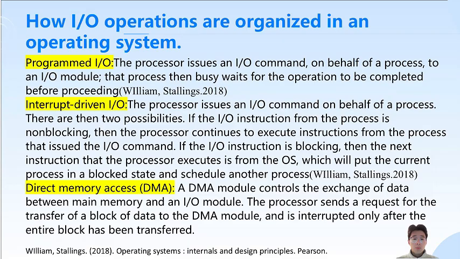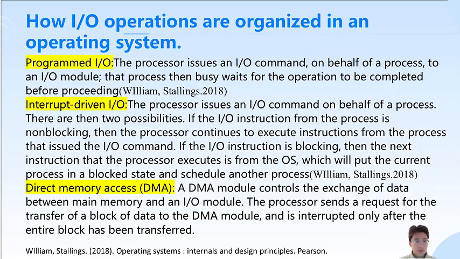So how are I/O operations organized in an operating system? Here you can see three methods. The first one is programmed I/O. The processor issues an I/O command on behalf of a process to an I/O module, then the process busy waits for the operation to complete before proceeding. About interrupt-driven I/O, the processor issues an I/O command on behalf of the process.